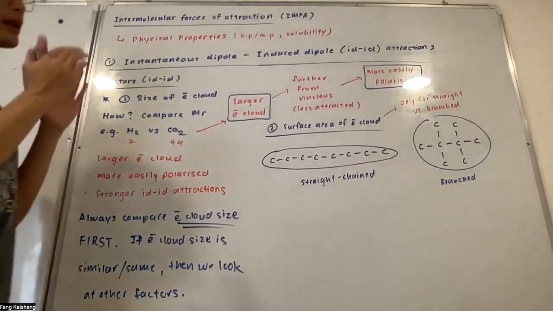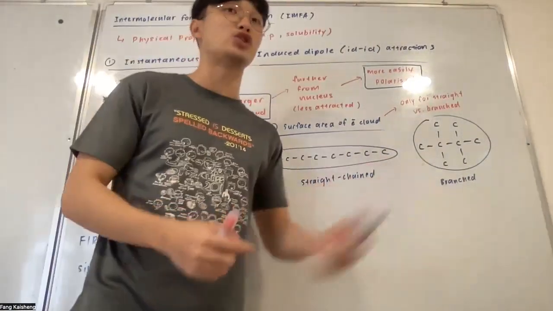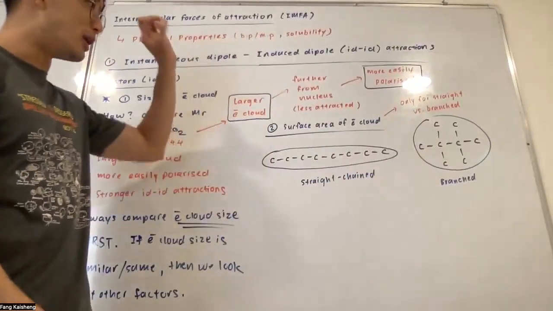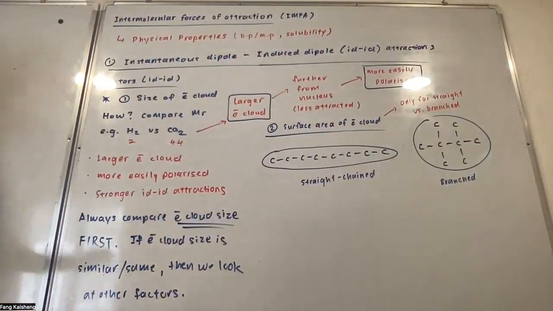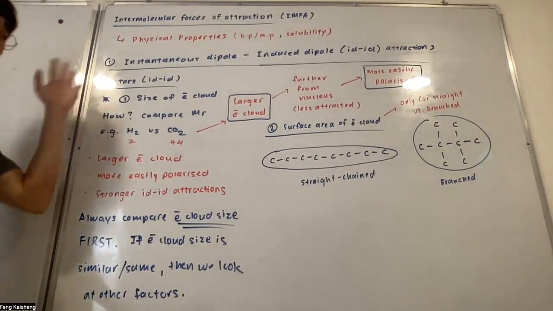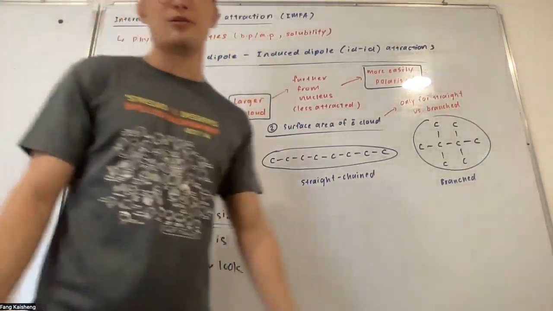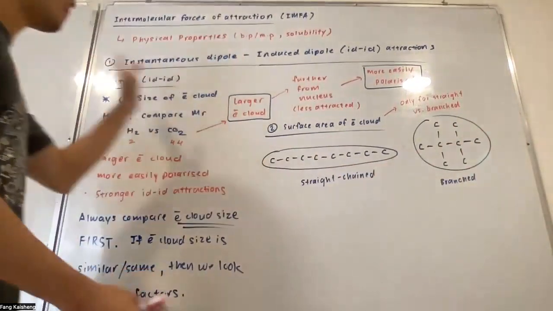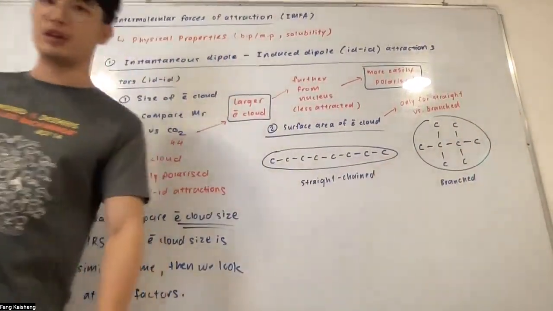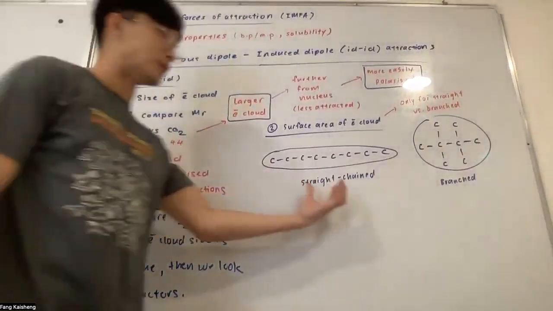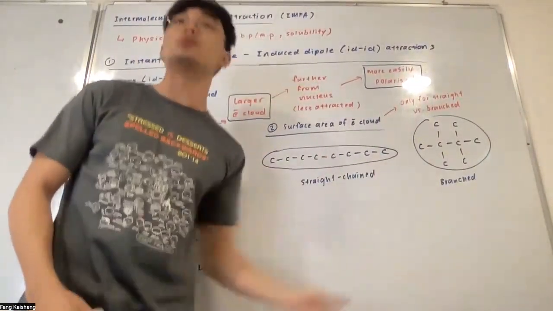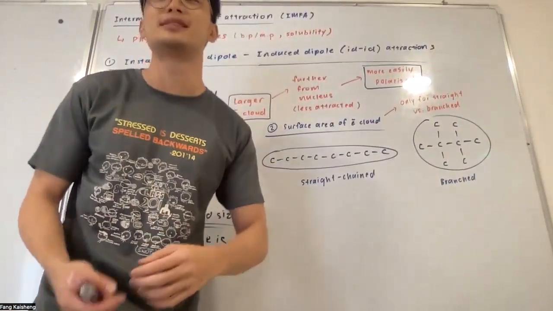In exam, when you can clearly see a straight versus branch chain, it means you can only think of one factor to explain it, surface area. Nothing else we are going to learn, we'll talk about surface area, nothing else. Everything else is about size, and then later we talk about other factors. Really. So surface area is more applicable when you start to learn organic chem, but they can still test this in the next couple of tests.